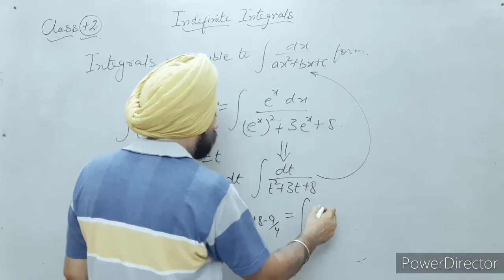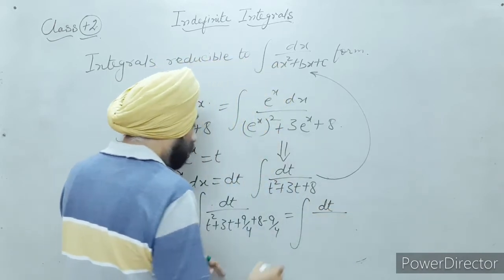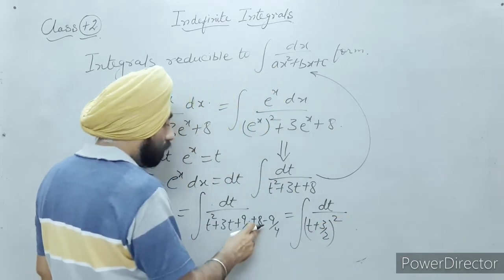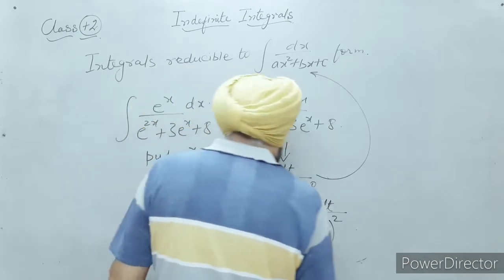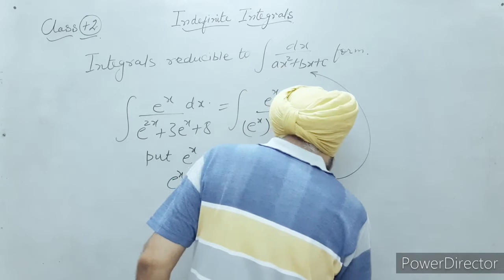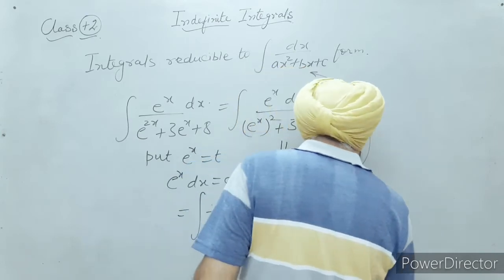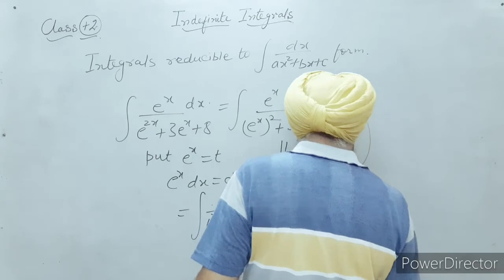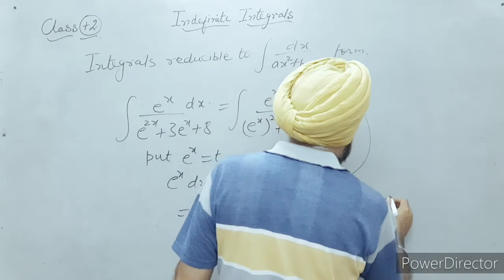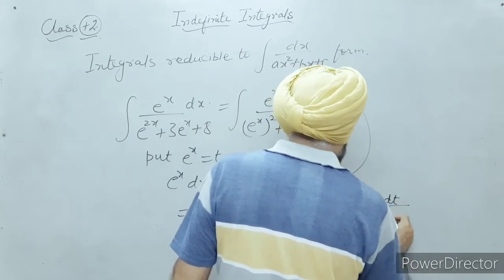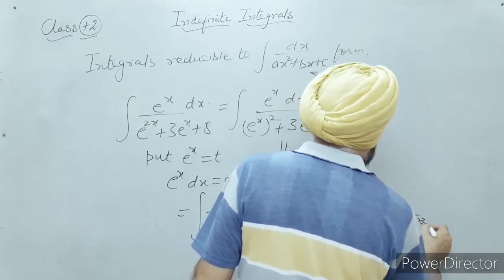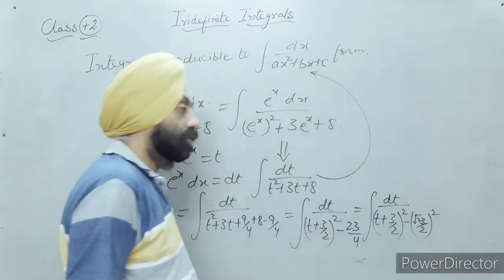This is equal to dt upon (t plus 3 by 2) square plus 32 minus 9 by 4, which becomes 23 upon 4. I can write this as dt upon (t plus 3 by 2) square plus (under root 23 by 2) square. Is it okay?